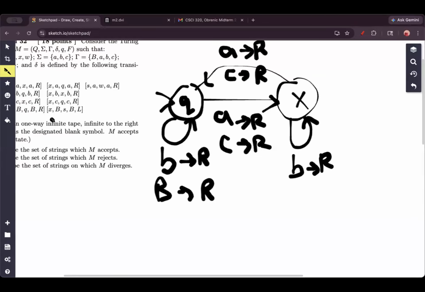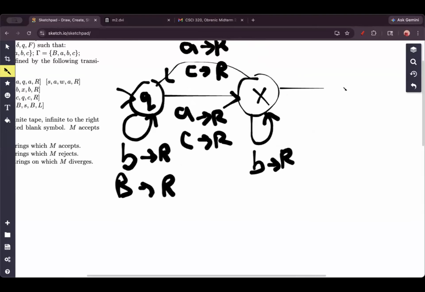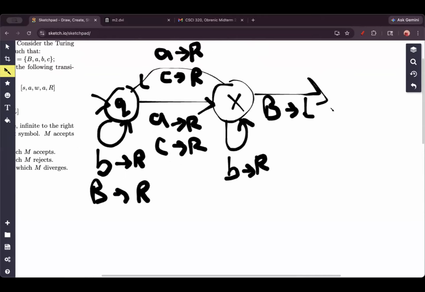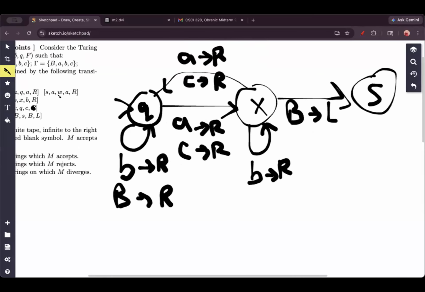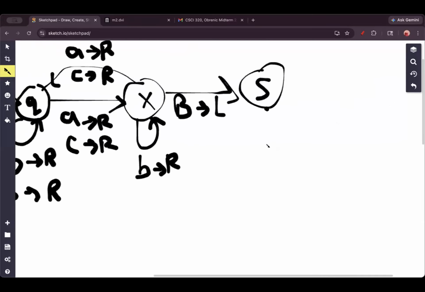When I see a blank, I switch state to S in X. Blank, turn left, and then go to S. In S, I go to state W via A, and I turn right.